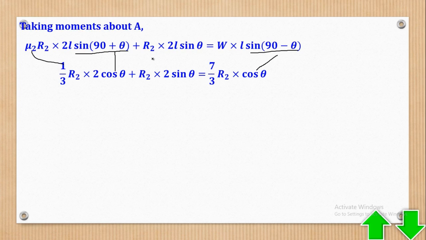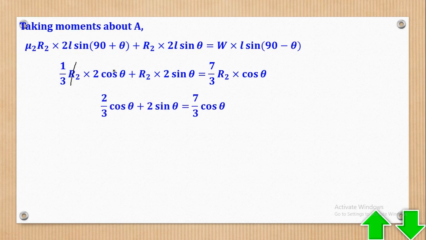Next is to realize that R2 is common, so we are going to cancel. When I cancel this, this, and this, I come up with this step, because 2 times a third is 2 over 3, then cos theta is there, then 2 sine theta is there, then here there is 7 over 3, and cos theta, which is there.